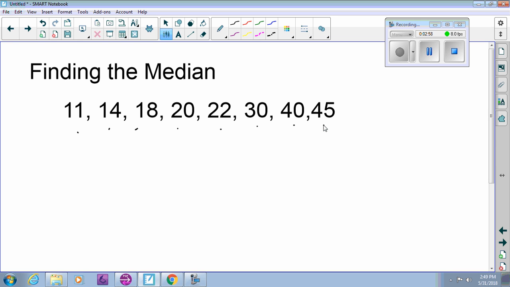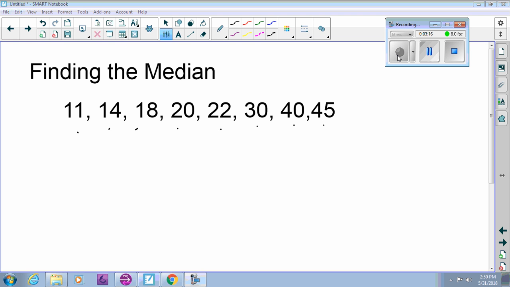All right, so Josh found that we're between two numbers, right? What two numbers are we between, Joshua? 20 and 22, good. So what's halfway between 20 and 22? 21.